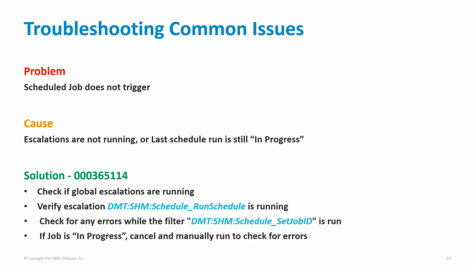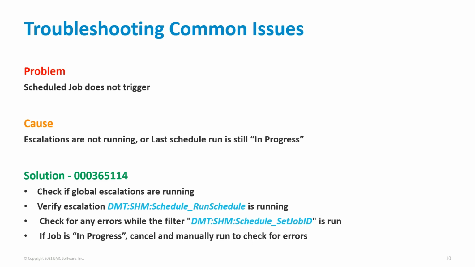Second issue can be if the specific application escalation responsible for triggering the job is not running. Verify the escalation DMT:SHM:schedule_run job is running every minute. Check if the escalation is pooled and if no other escalation is running on the same pool.